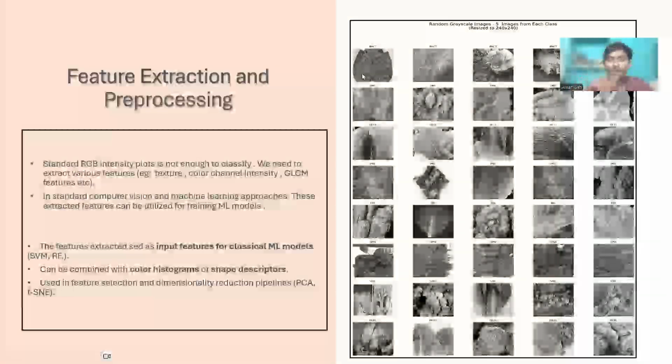So first what we do is try to extract the standard RGB intensity plot. What is the intensity across various channels, and how will this RGB intensity tell us about the image itself, or the features present in the image.